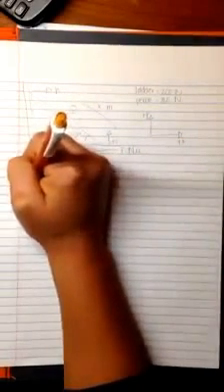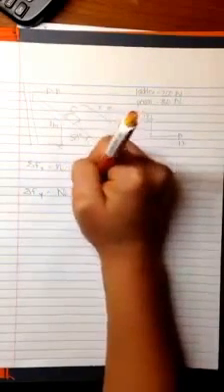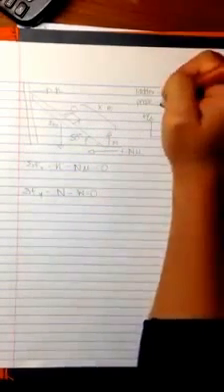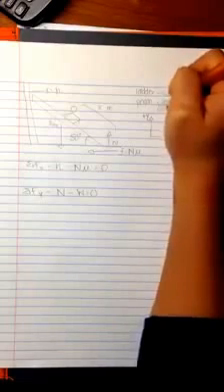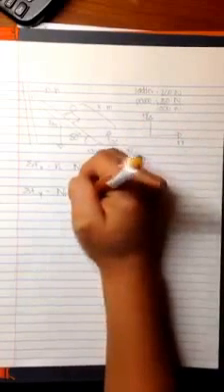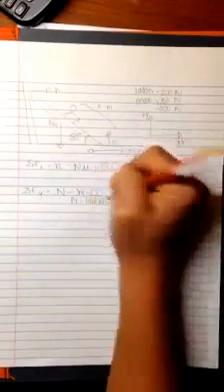Now I'll do sum of forces in the y. There's normal going up, which is positive, minus the weight going down. And we know the weight is the ladder and the person, so that's, add those up, it's 1,000 newtons. And because this equals 0, we know the normal is also 1,000 newtons.